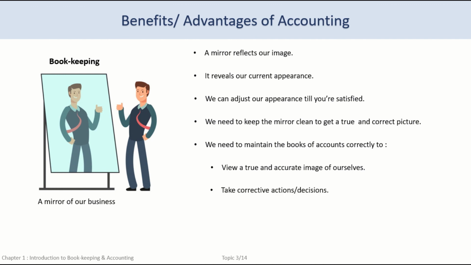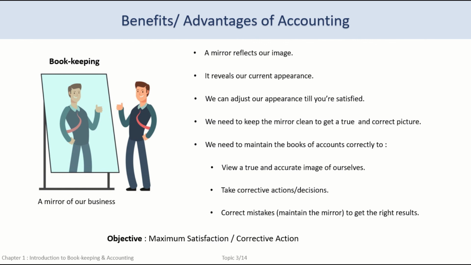Therefore, it is very important to record the correct information. Incorrect information or misinformation may mislead you. After all, the main objective of maintaining accurate information or a clean mirror is to derive maximum satisfaction or take corrective actions to improve ourselves till we are satisfied with the results.